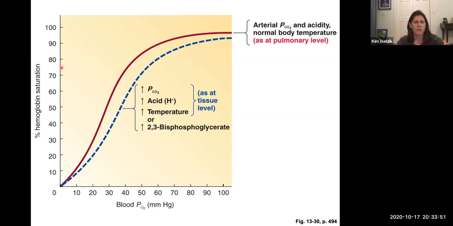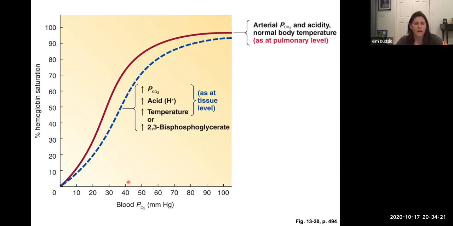And so at a partial pressure of 40, which tells me that's down at the tissues, our percent saturation of hemoglobin is 75%. That means the hemoglobin now is only holding 75% of the oxygen that it normally could hold. That means it released 25%. So if it's holding 75% now, it let go of 25% at that tissue.